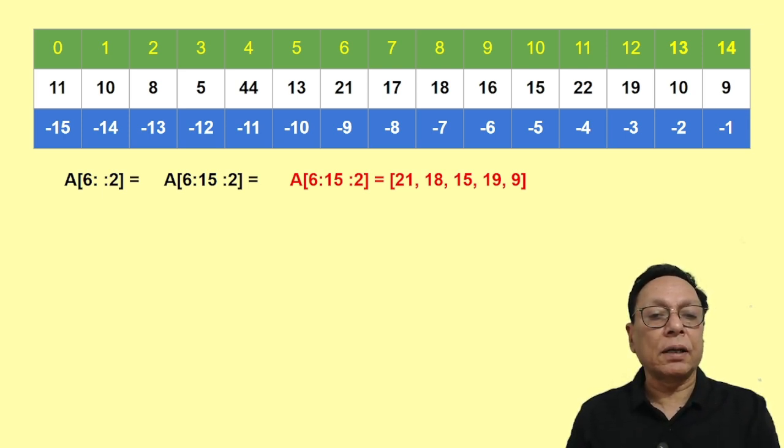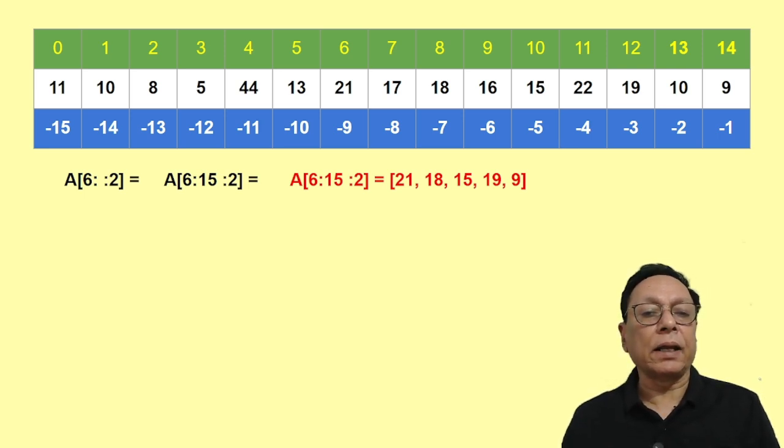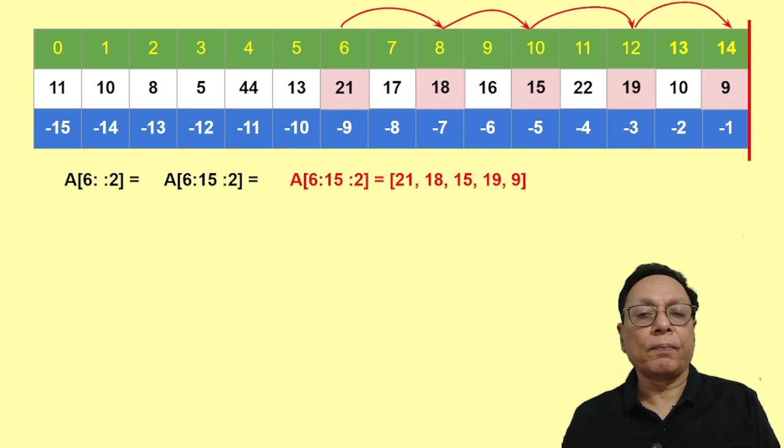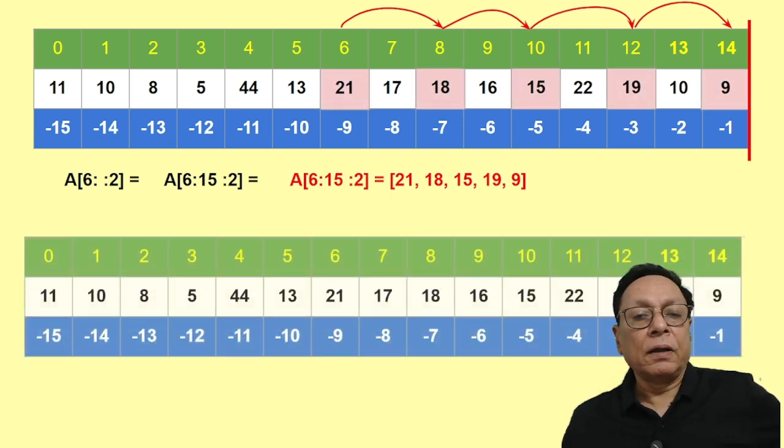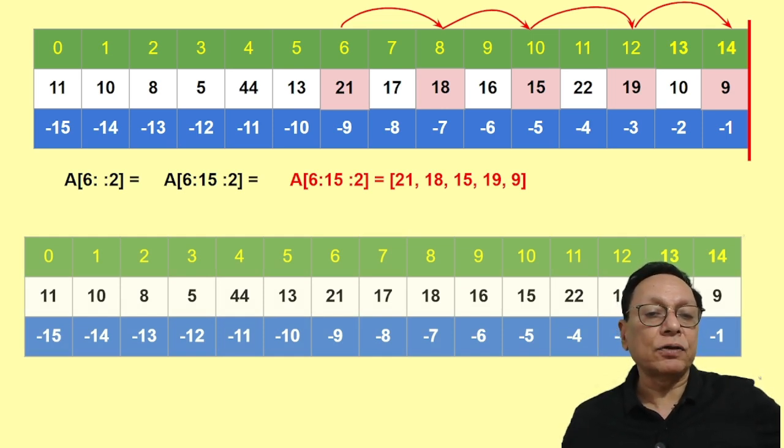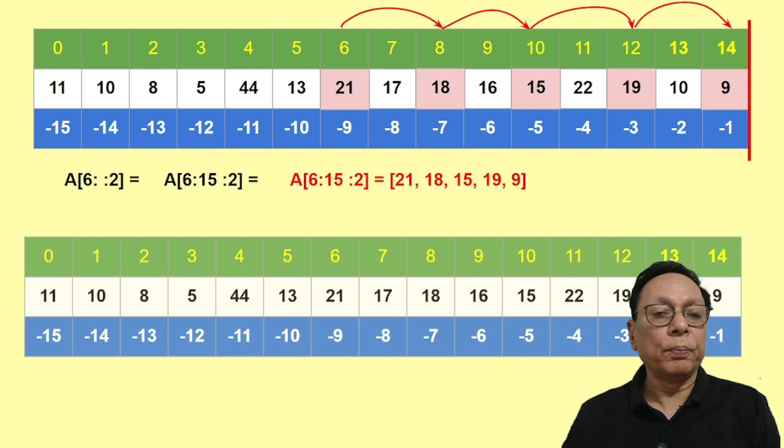So A6, A8, then A10, 12 and 14. So these are the values 21, 18, 15, 19 and 9. So this is the slice of 6 colon 2 or 6 colon 15 colon 2.